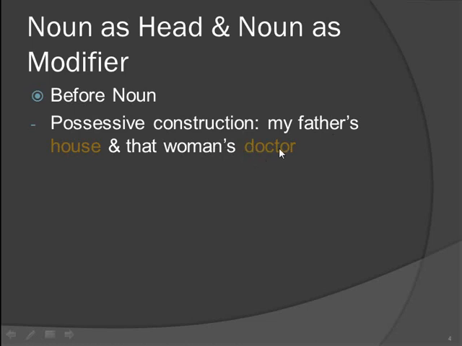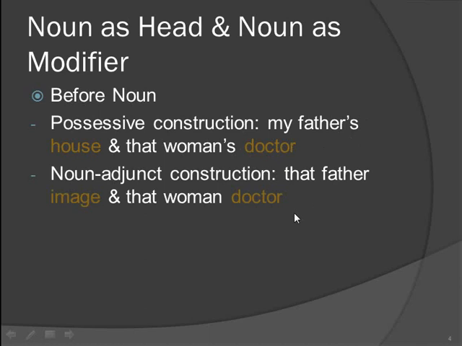Itu bisa, maka noun yang menjadi penjelas itu mendapatkan apostrophe s ya, kepemilikan. Dan apakah harus selalu dengan ada apostrophe s? Jawabannya adalah tidak. Bisa saja di sini seperti woman doctor. So you need to differentiate the meaning of woman's doctor and woman doctor.